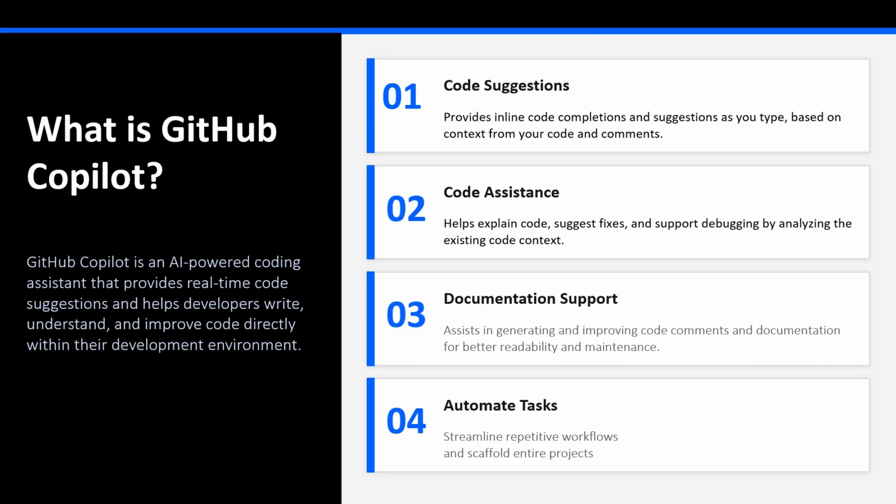Okay, so let's say you put in a comment and you want to write some logic, so you just note down the comment, right? According to your source code and requirement, it will suggest the code.